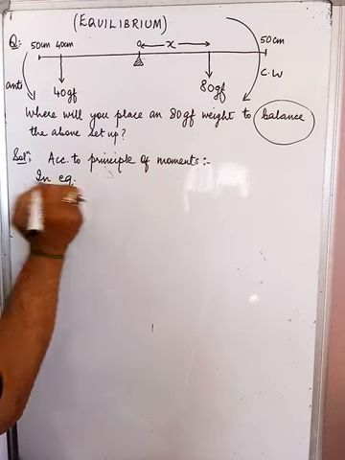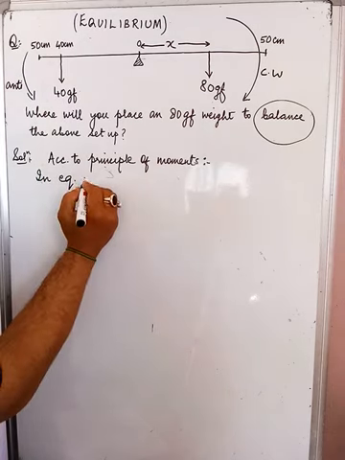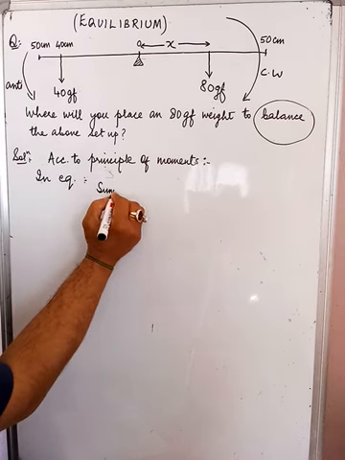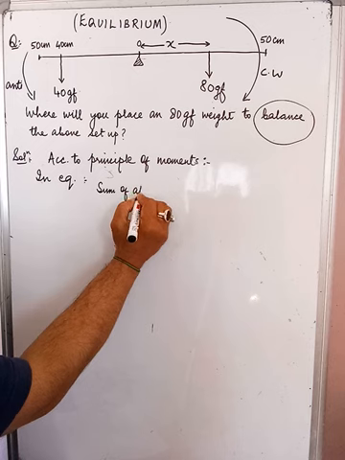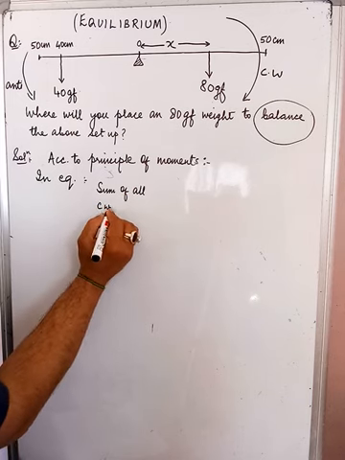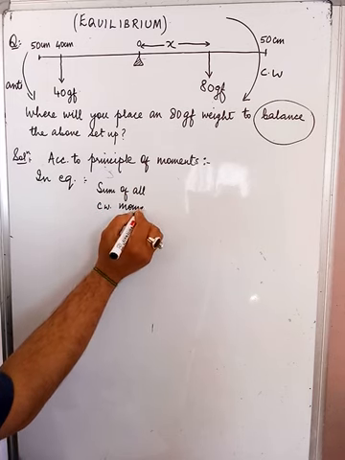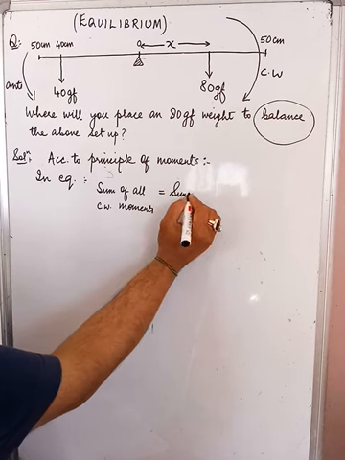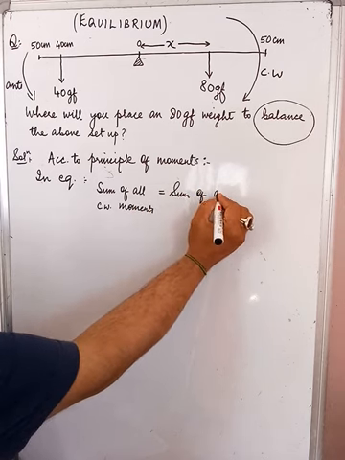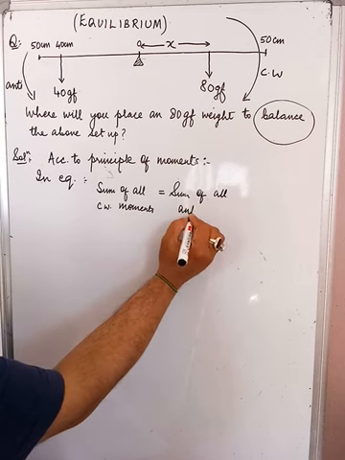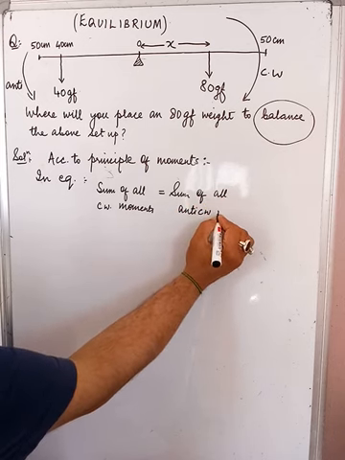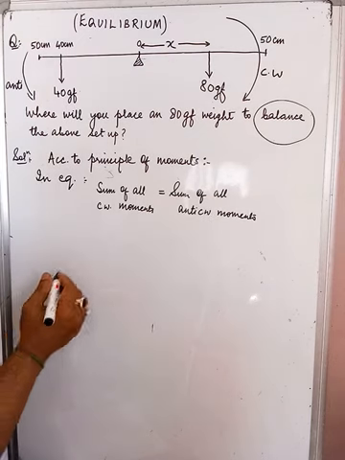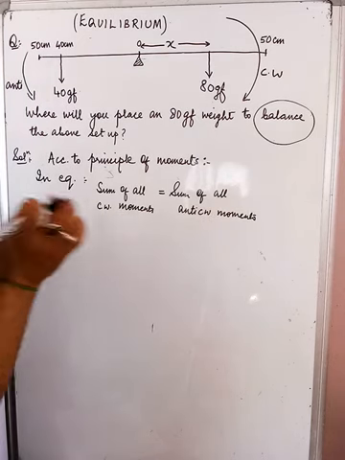In equilibrium, the sum of all clockwise moments should be equal to the sum of all anti-clockwise moments. Okay, so let us look for clockwise moments.